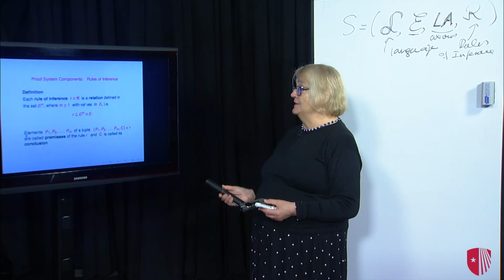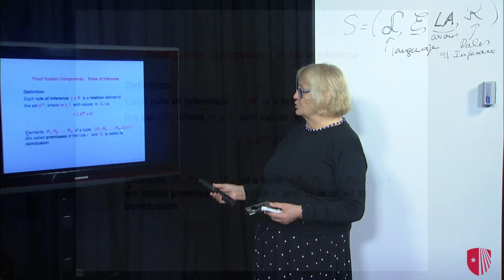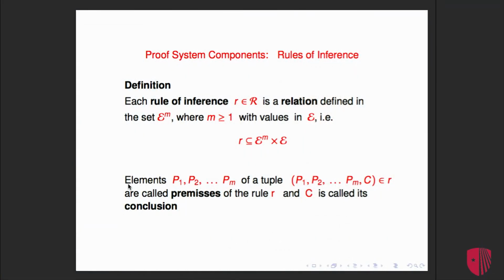A rule of inference is a relation which takes m premises, a tuple p1, p2, pm, and returns one, which is called a conclusion. That's why we use the letter C to say conclusion. P1, Pm are called premises of the rule of the system, and C the conclusion. That's why we usually write P for premises and C for a conclusion.